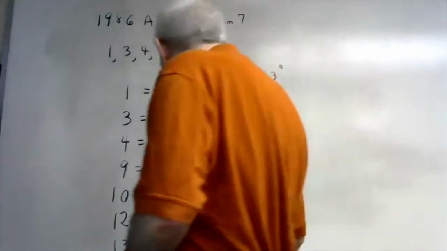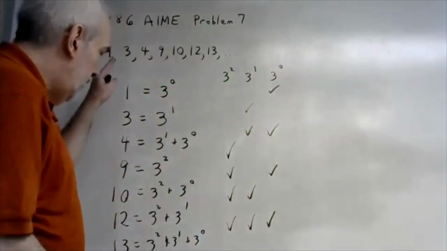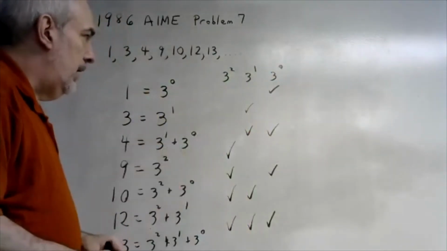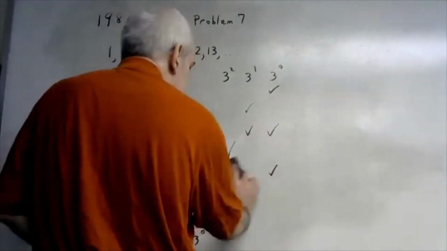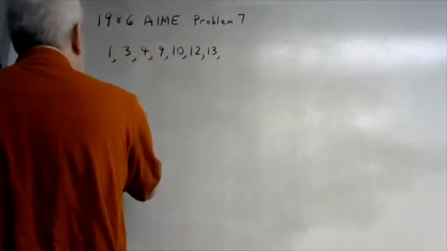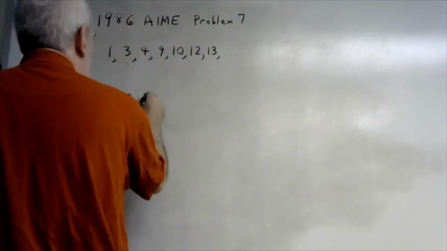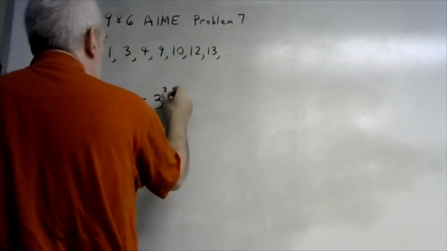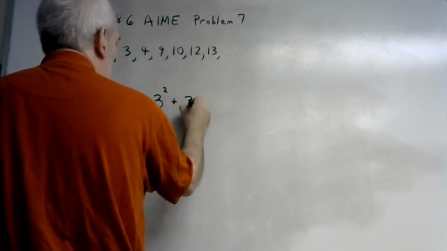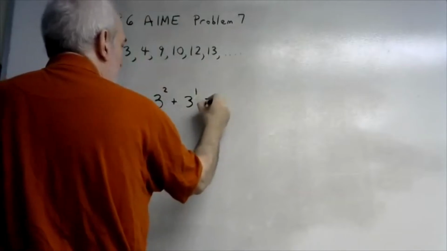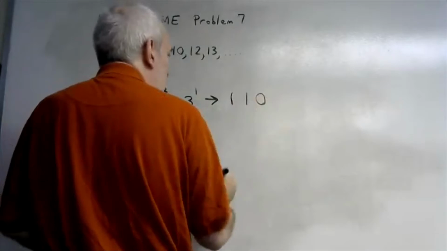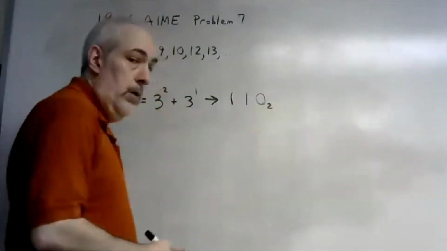So in other words, we can think of our number and write it as a binary number. For example, 12 is 3 squared, 9, plus 3 to the first. We're going to translate that into the binary number 110 base 2.